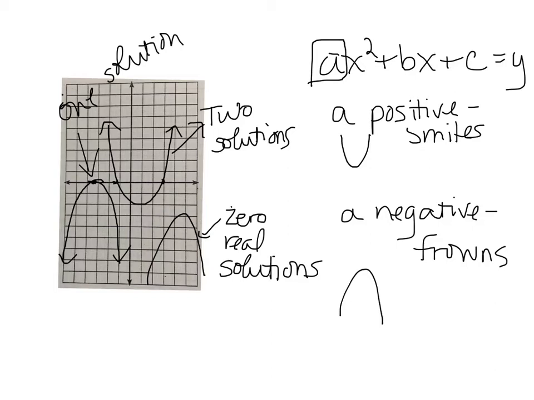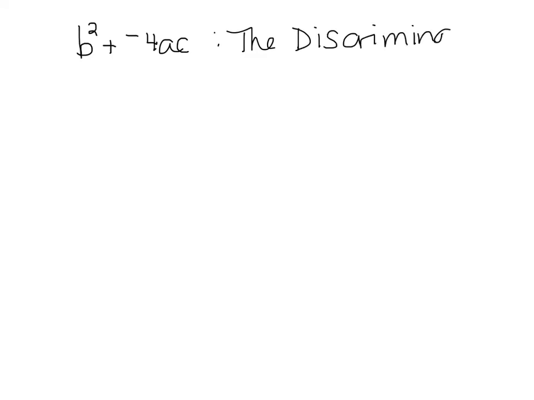So with that basic groundwork laid, there's a part of the quadratic formula, the part that goes under the square root bar. That's b squared, and I like to say plus negative 4ac. And this is called the discriminant. Just like when we are solving quadratic equations, if we figure out what a, b, and c are, and then we plug them into this, that will give me the discriminant.